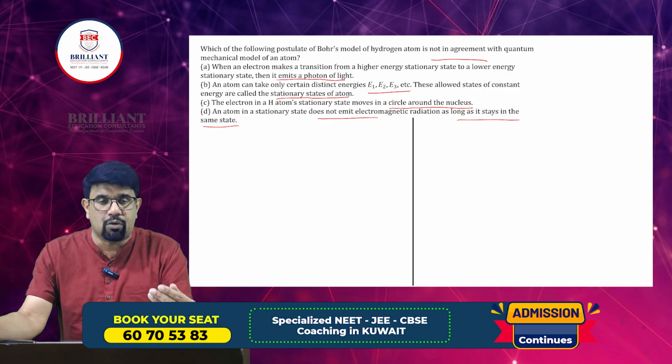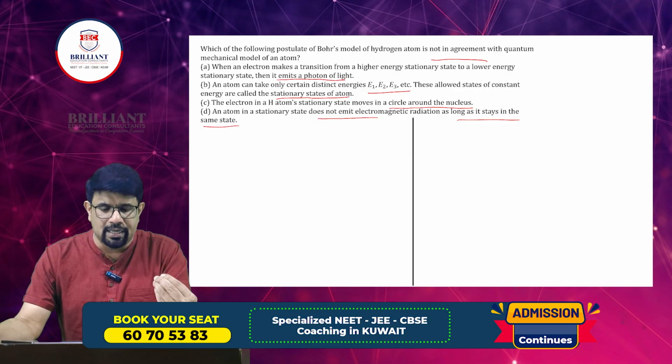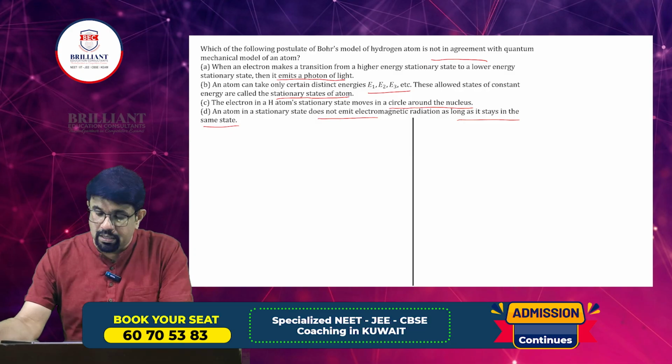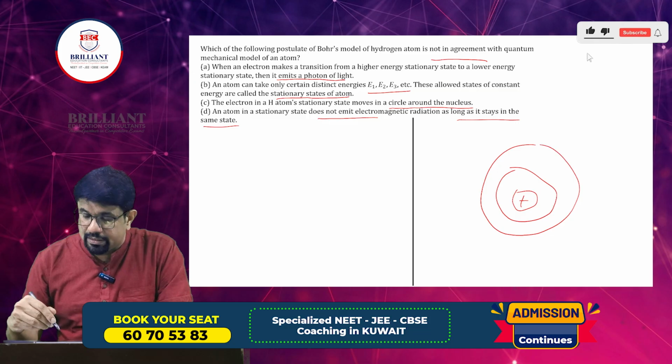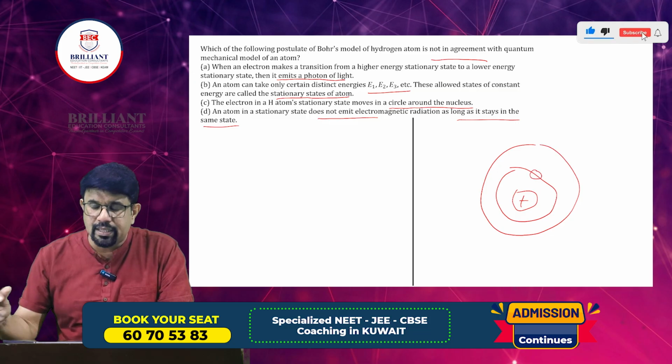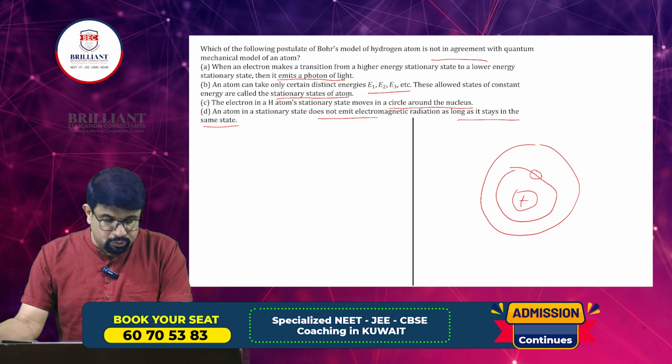We already know that according to Bohr atom model, when an electron remains in a particular energy level, it does not emit or absorb energy. The central nucleus is there, electrons are revolving around the nucleus in a circular path, right? As long as an electron is in a particular energy level, it does not emit or absorb energy.